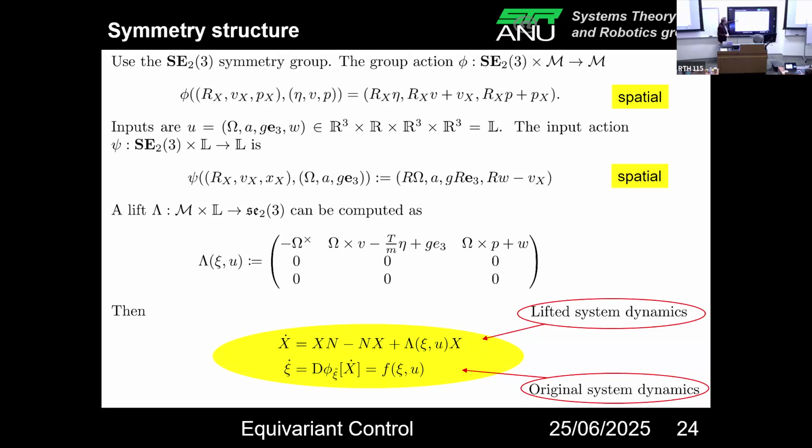I need to put a symmetry on the input space, right? Because I'm looking at equivariance. So it makes sense that the input omega transforms with the rotation. The acceleration is a scalar, so it doesn't transform at all. That's just a scalar direction there. The gravity direction does transform because of the way it works.